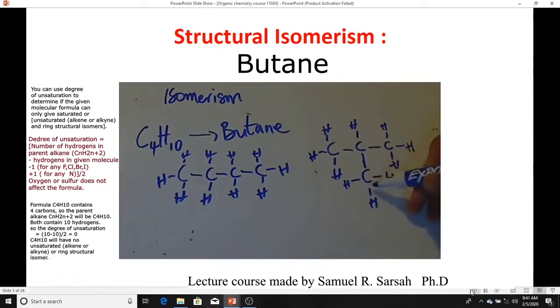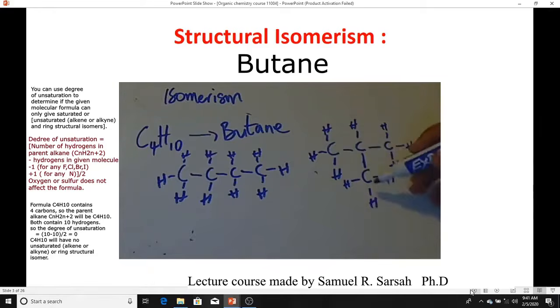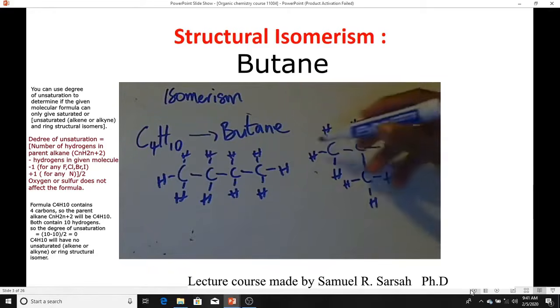It's a carbon and 3 hydrogens, so this is a methyl group, and the longest chain is 1, 2, 3, or 1, 2, 3. If this side is the longest chain, this will be a substituent, and vice versa for that one.